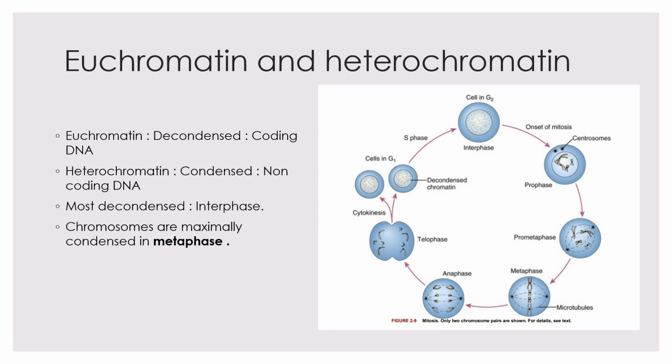Similarly, when our DNA is decondensed, various transcription factors can attach along the DNA sequences and help in coding the DNA to the RNA. Okay, and that's why euchromatin is also the decondensed. In decondensed chromatin, you can transcribe the decondensed DNA.